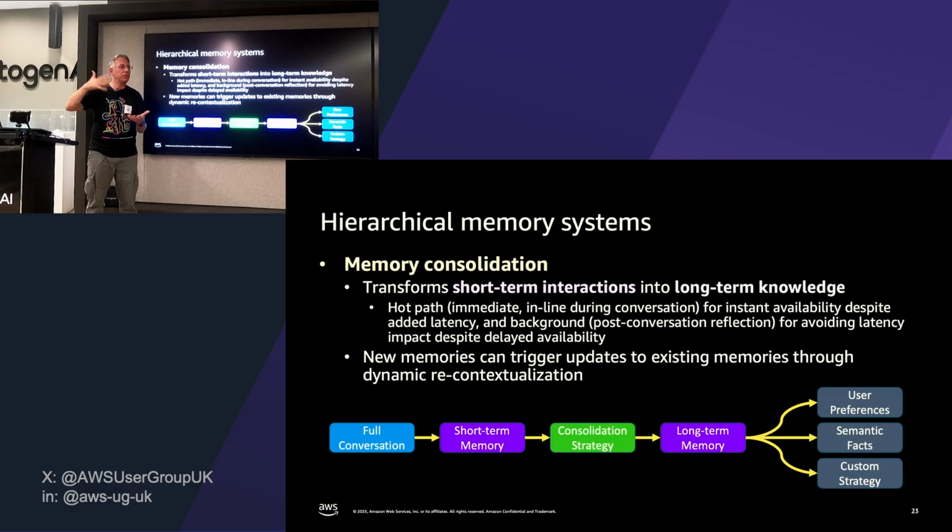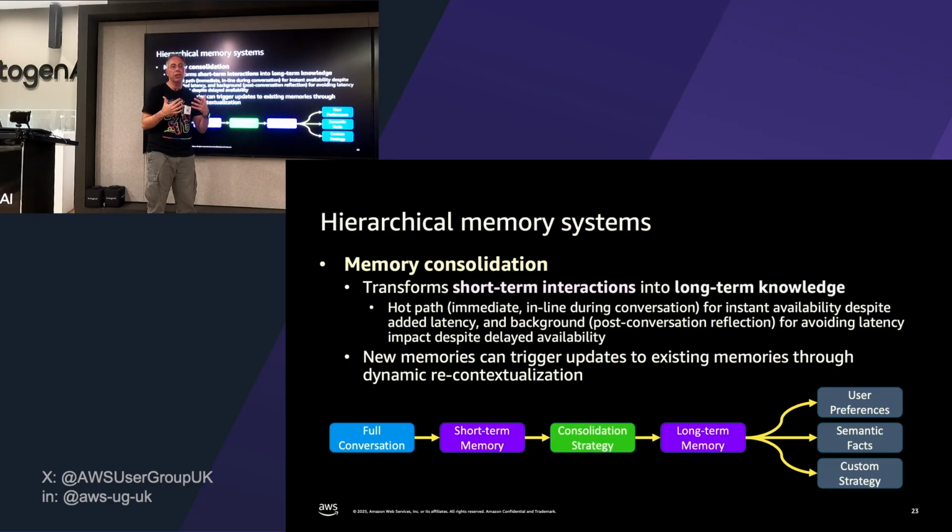We normally remember the few last hours, the last day very well. But then we pass this information to some process that does an asynchronous consolidation of this memory, extracting the information that we want to preserve. For example, the user preferences, like I want to use a specific library or a specific tool, or maybe I want to extract semantic facts from a longer conversation.